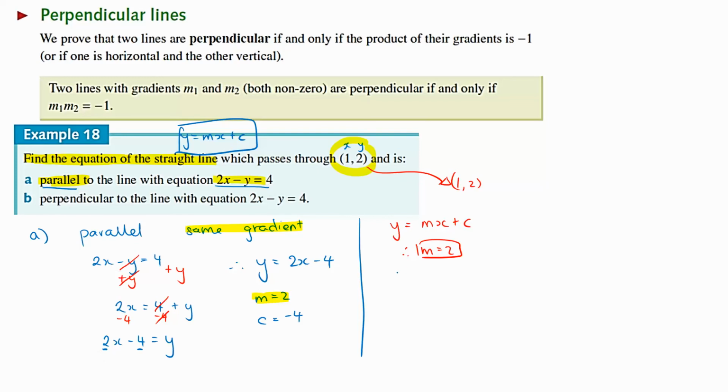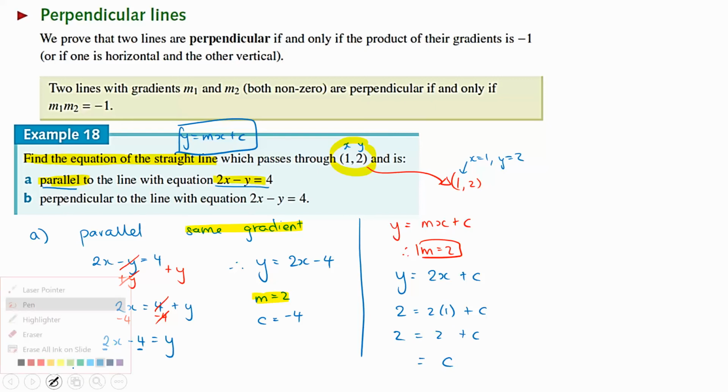So if you've done 1C, you should be able to do this one. Same thing. So now you've got y equals 2x plus c. You know that it passes through when x is 1, y is 2. So 2 times 1 plus c, 2 plus c. Now if you want to remove that 2 there, this is a positive 2, so minus 2, minus 2. 2 minus 2 is 0.